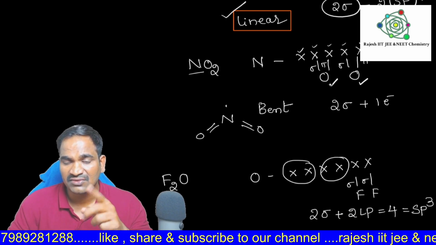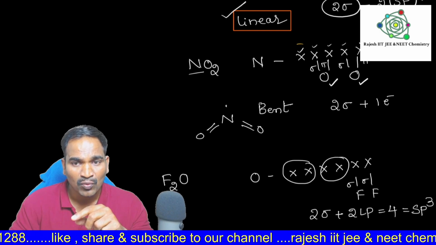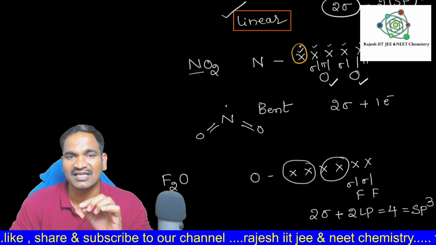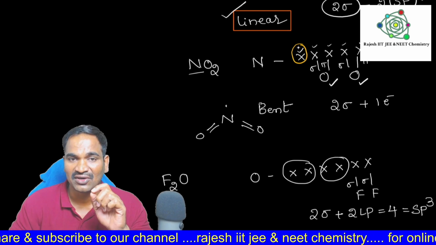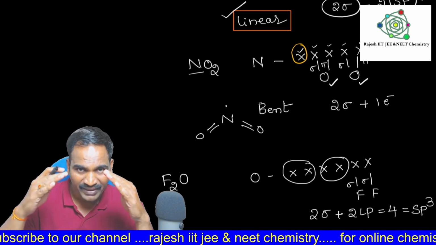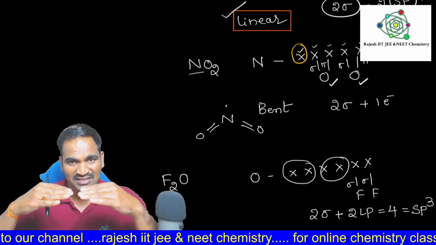Here you see, 1 is sigma, 1 is pi, 1 is sigma, 1 is pi. And one single electron is there which is not involved in any bonding. This single electron bends the molecule. Without this single electron, it would be linear.